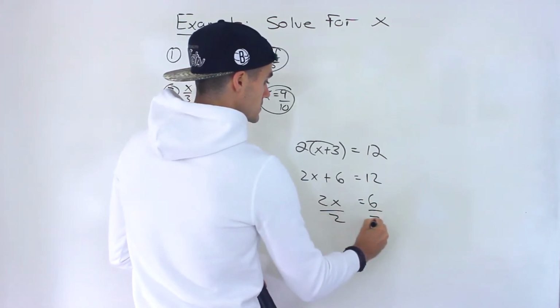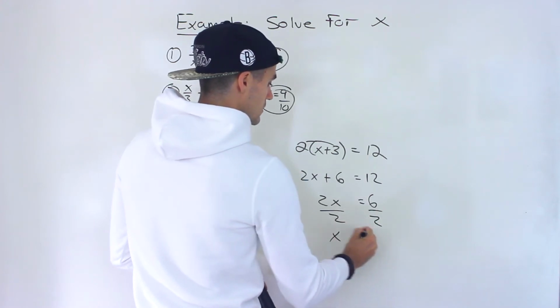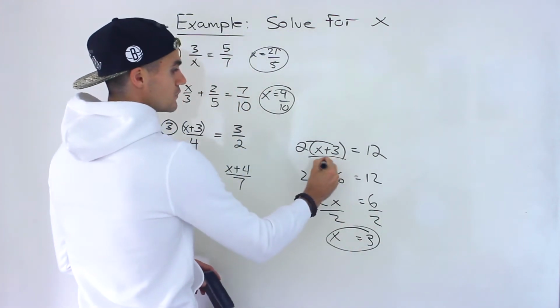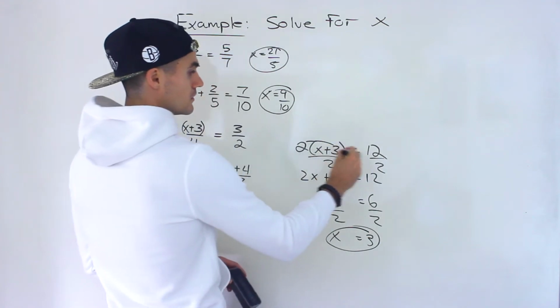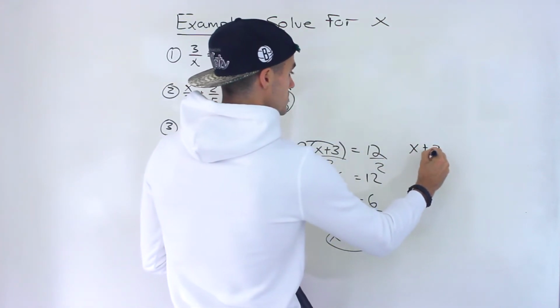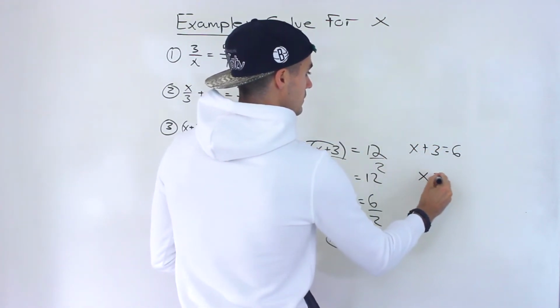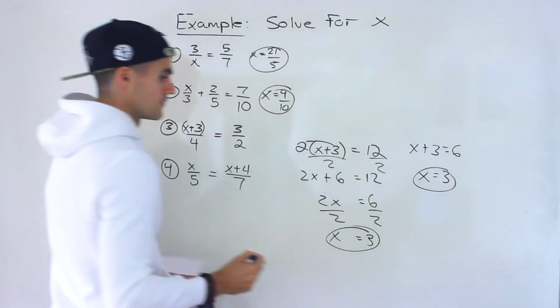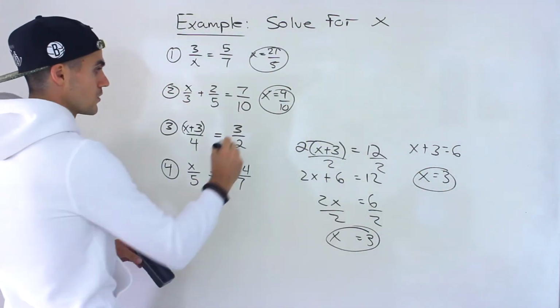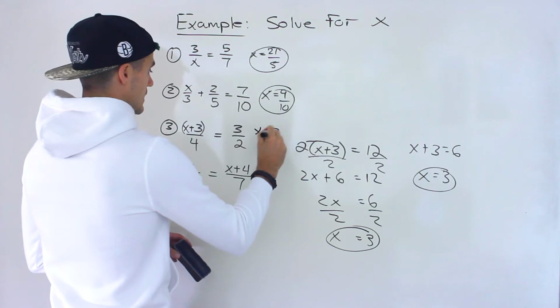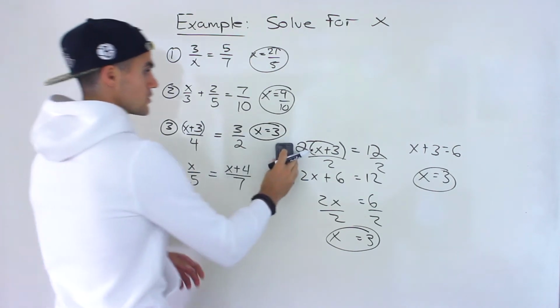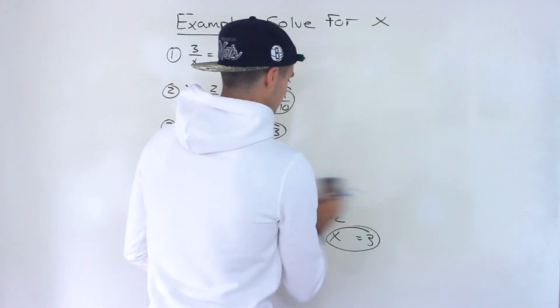Divide both sides by 2. X would be 3. Another thing we could have done is divide by 2 at this point. So we'd end up with x plus 3 is equal to 6. X would be 3. Right? Multiple ways you can go about it. So x in this case in equation 3 would be 3.